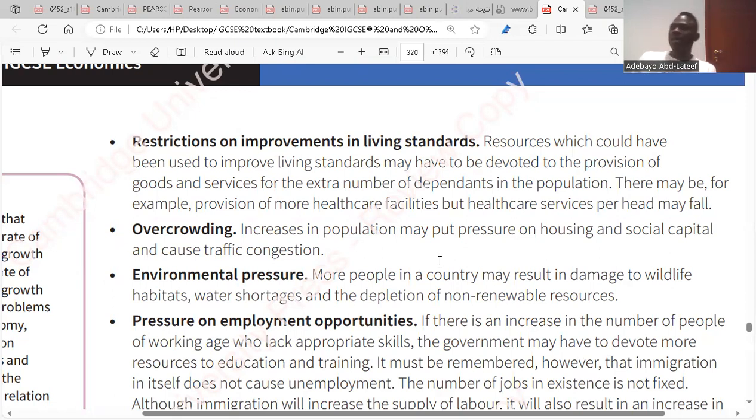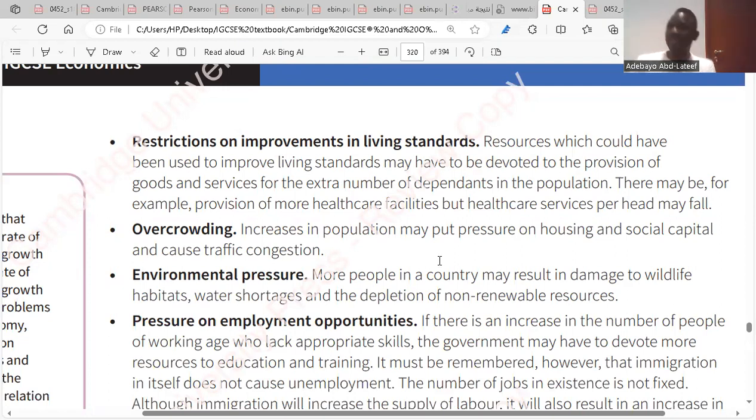Instead of trying to use resources to better the life of the small population, they won't think about bettering life anymore. They will think about meeting the demand of the newly increasing population. Government will start thinking about the increasing population rather than giving a good lifestyle to the existing population.